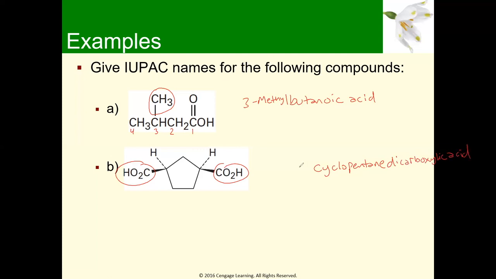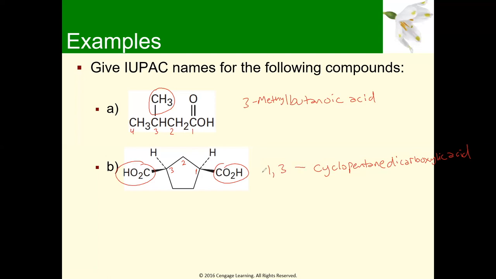Some of these names obviously get pretty long. But in this case, we do need to indicate the positions. Obviously, one of them is at position 1, but then if we keep the numbers as low as possible, the other one's going to be at position 3. So 1,3, and then a dash.